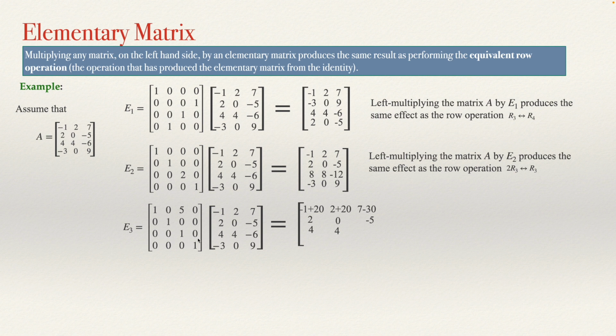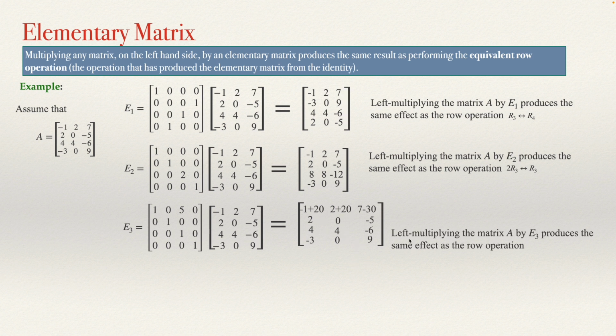And then the last product will be this third row multiplied by the last column, and the answer will be negative 6. And the same happens when we multiply the fourth row by each of the columns. The answer will be the last element in the column: minus 3, 0, 9. So we can make the operation here.